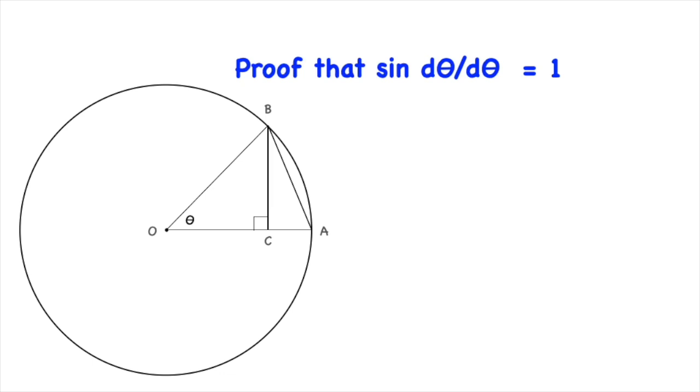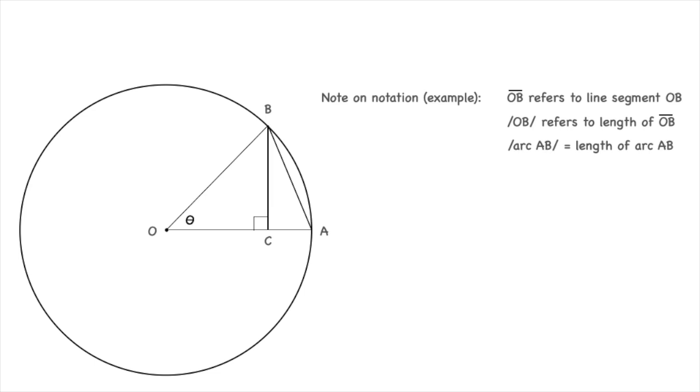I have drawn a triangle and its altitude within a circle centered at O. The radius of the circle is 1. Let me clarify my notation with some examples. OB with a line above refers to the line segment OB.